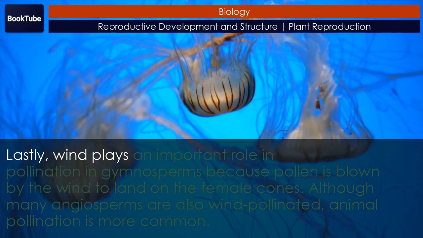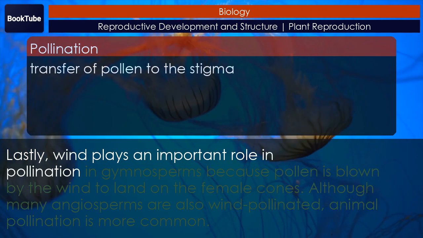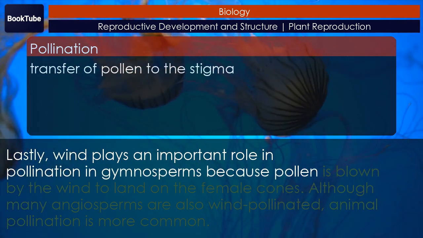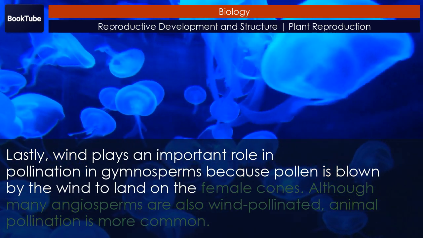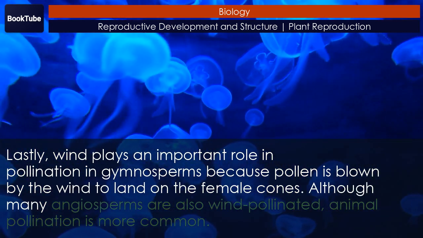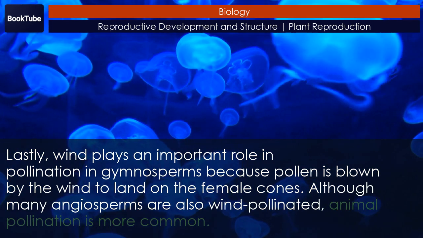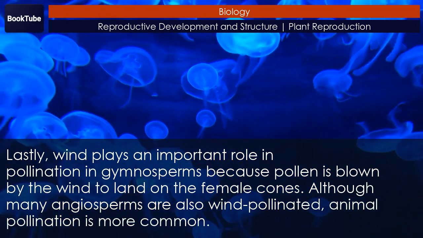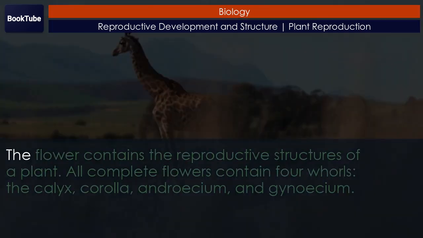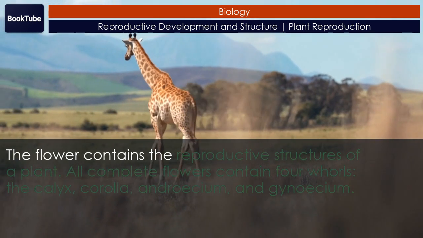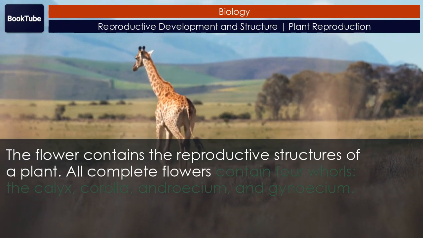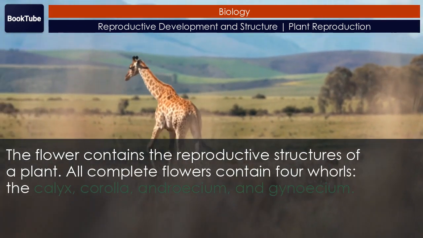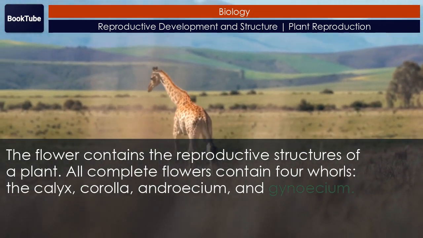Lastly, wind plays an important role in pollination in gymnosperms because pollen is blown by the wind to land on the female cones. Although many angiosperms are also wind-pollinated, animal pollination is more common. Section summary. The flower contains the reproductive structures of a plant. All complete flowers contain 4 whorls: the calyx, corolla, androecium, and gynoecium.